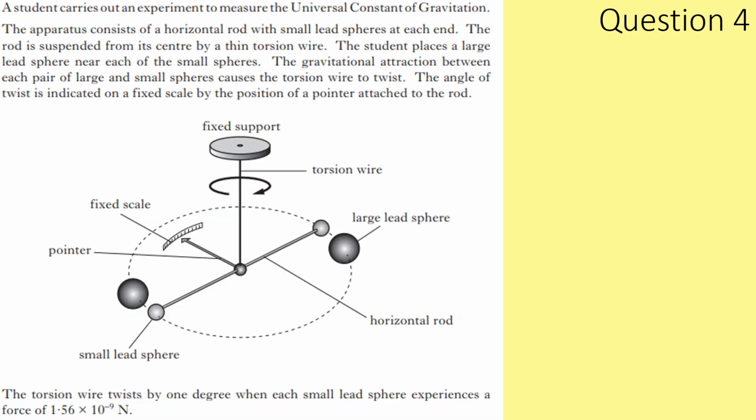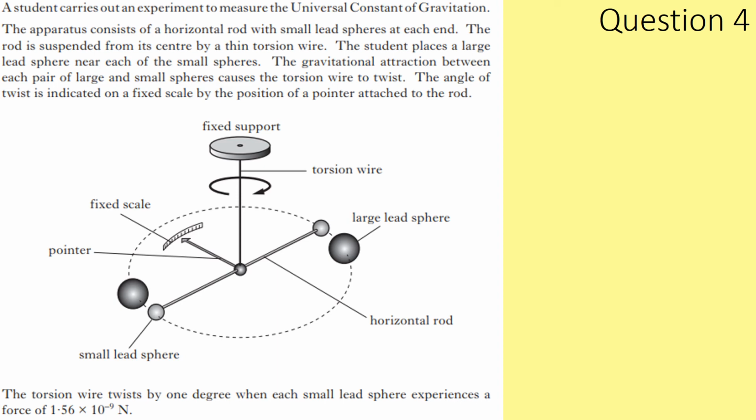Question 4. A student carries out an experiment to measure the universal constant of gravitation. The apparatus consists of a horizontal rod with small lead spheres at each end. The rod is suspended from its center by a thin torsion wire. The student places a large lead sphere near each of the small spheres.